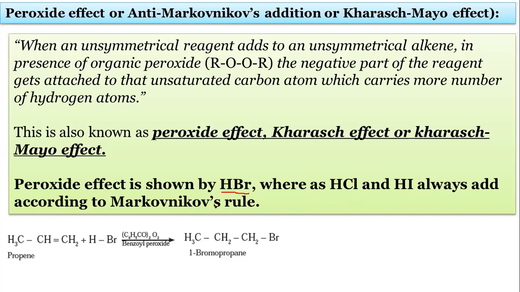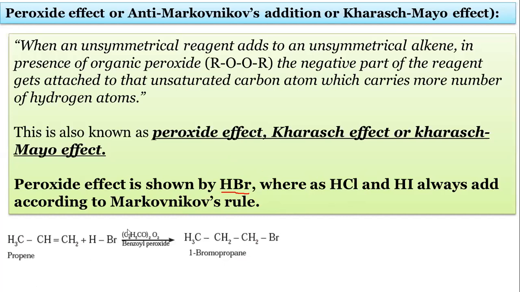Only HBr undergoes anti-Markovnikov's addition, meaning when HBr is added, the negative part of the reagent gets attached to the carbon atom which contains more number of hydrogens. See, CH2Br means here is only one carbon, and to this carbon two hydrogens are attached.